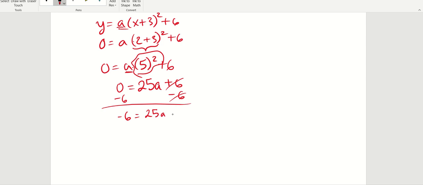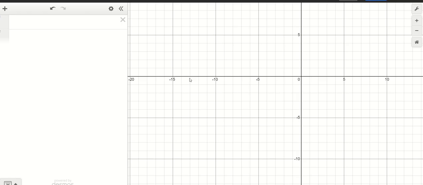And last but not least, we divide by the coefficient. And your a will result in the same fraction. If you type it in your calculator, it shows you that that's the simplest form. If I turn that decimal into a fraction, it turns back into -6 over 25.